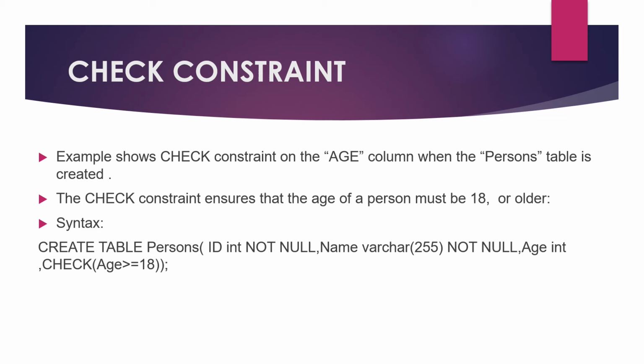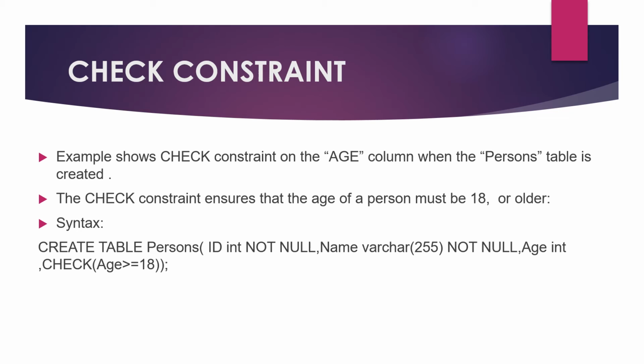Syntax is create table, persons is the table name, create is a command for creating a table. ID is the first attribute of the person table, int is the data type of the ID attribute, then not null means you must provide one value for this attribute.